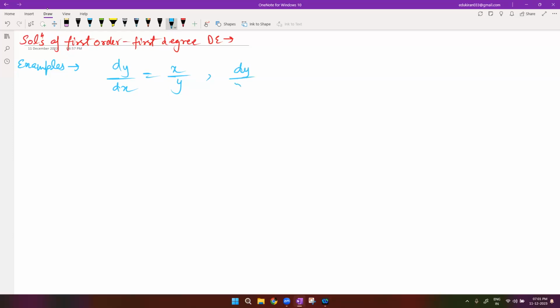Then this can also be a first order, first degree differential equation. If you notice, we have only used one derivative, and that too with the power 1. This can also be your differential equation, right?